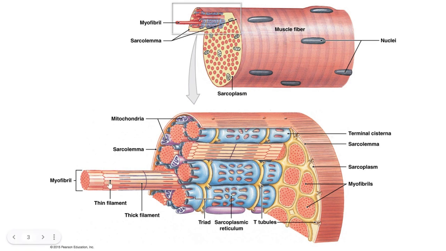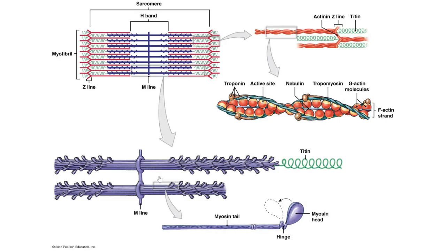As we look at this, we can start to see these thick and thin filaments, which are going to be the actin and the myosin, here on this myofibril. As we continue to zoom in, here we can see the sarcomere.